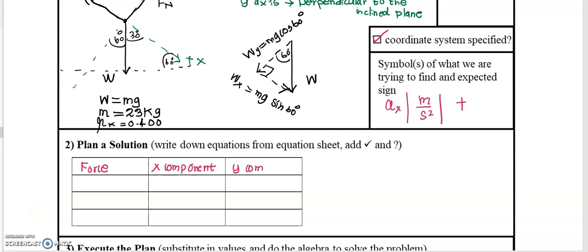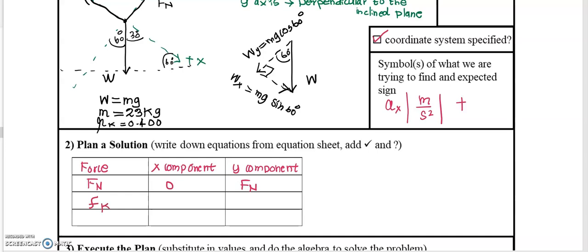Let's start with the normal force. The normal force does not have any x component.